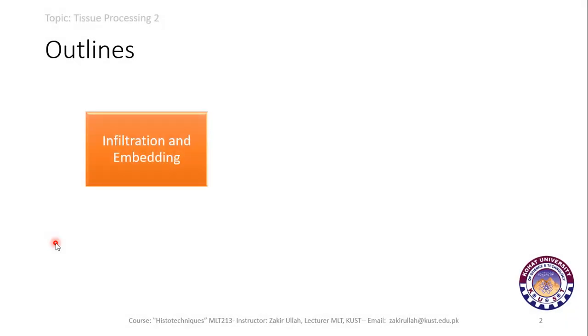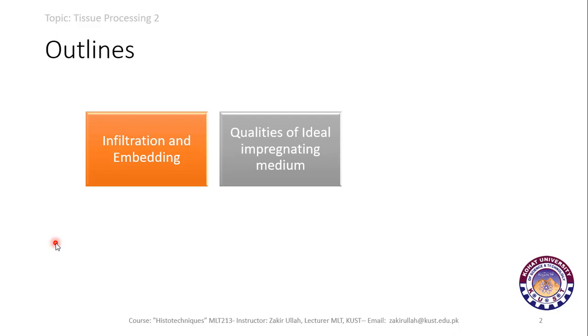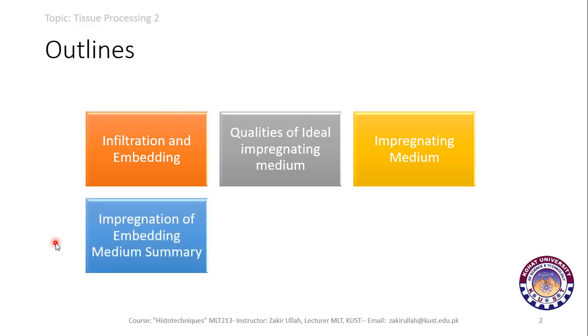This lecture is about the remaining part of the processing of the tissue. In this lecture, we will discuss the infiltration and embedding of the tissue in the molten paraffin wax, and we will also discuss the qualities of an ideal impregnating medium and the different possible impregnating media, and their summary.